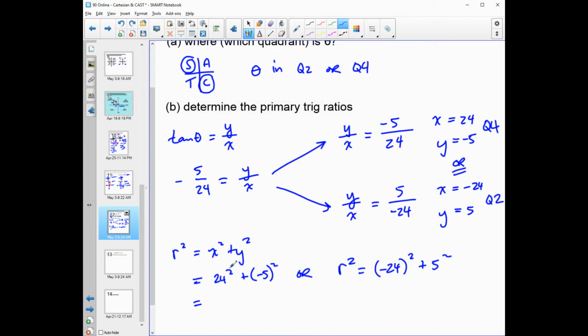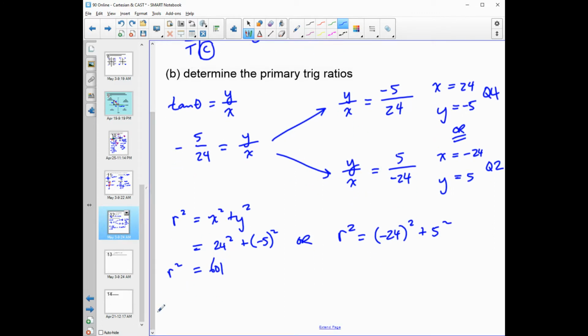I end up with 24 squared plus 5 squared, and I end up with 601 for r squared. Just going to double check that. Yep. And so my value for r ends up being just the square root of 601.